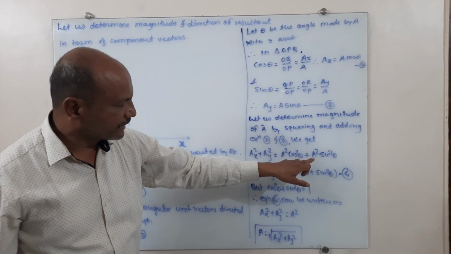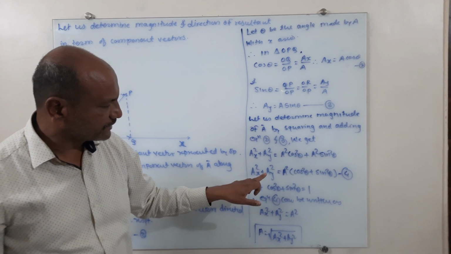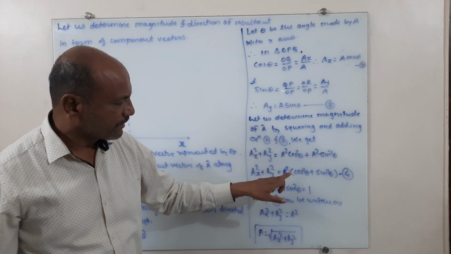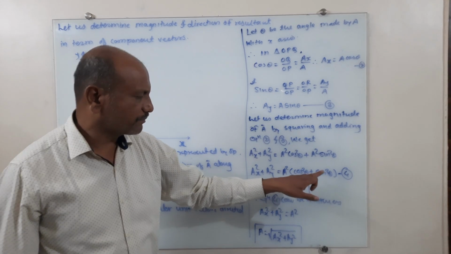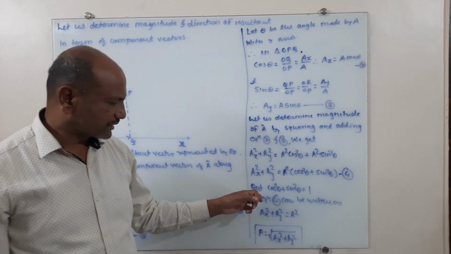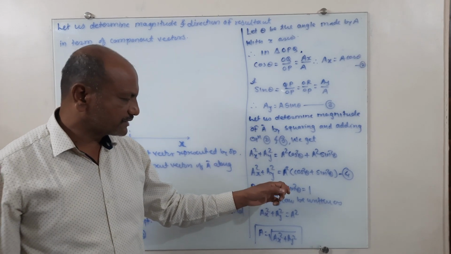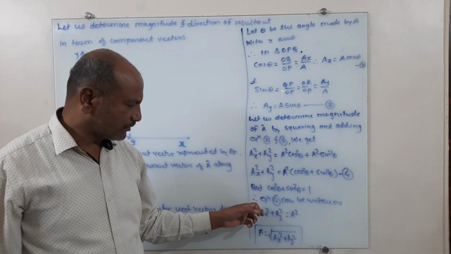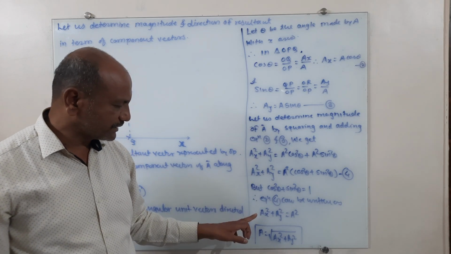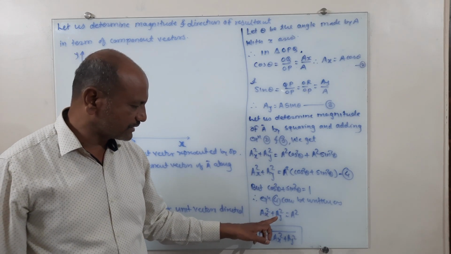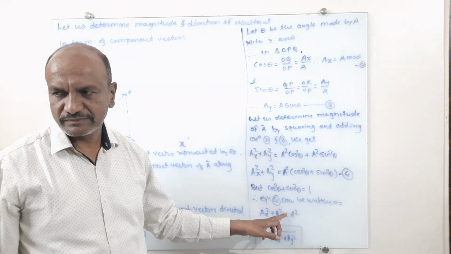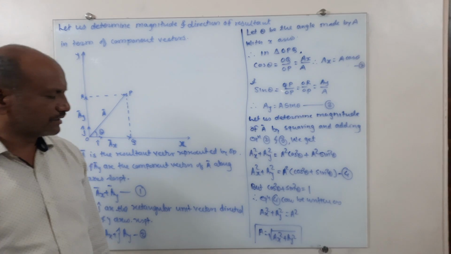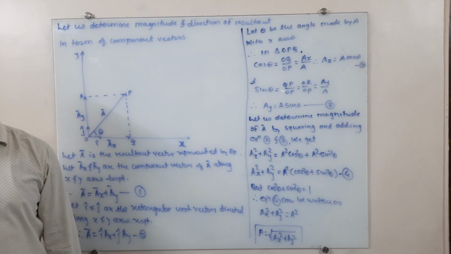Taking common A square, AX square plus AY square is equal to A square inside the bracket cos square theta plus sin square theta. But cos square theta plus sin square theta is equal to 1. Therefore, equation 4 can be written as AX square plus AY square is equal to A square, and we finally get A is equal to under root AX square plus AY square.